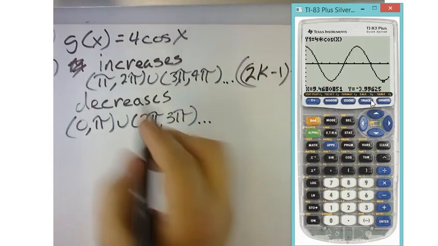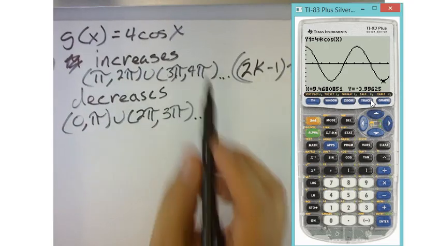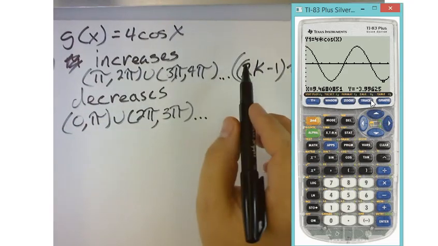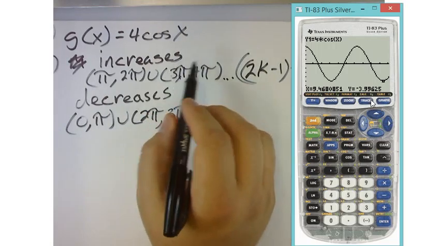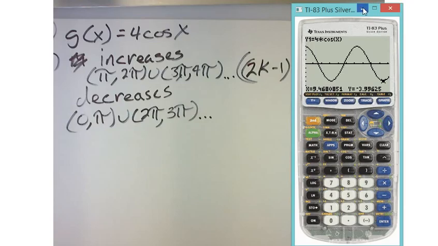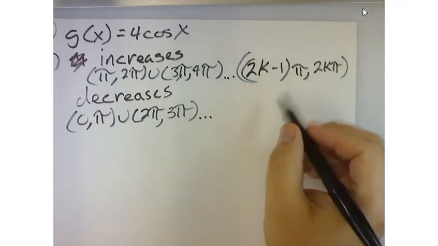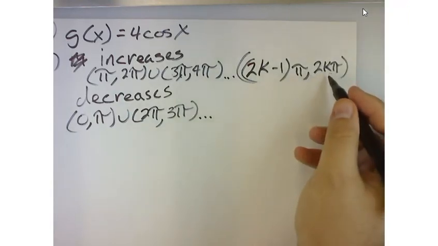Because it's always like 1 and 2, 3 and 4. The next one would be 5 and 6. So it's always like an odd number and then the corresponding even number.